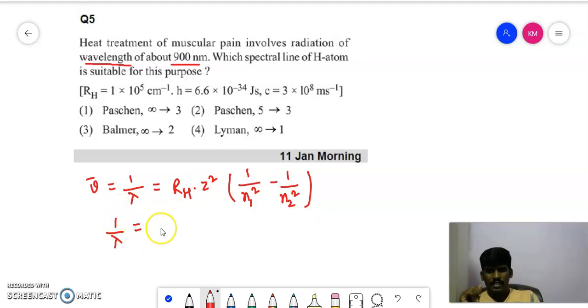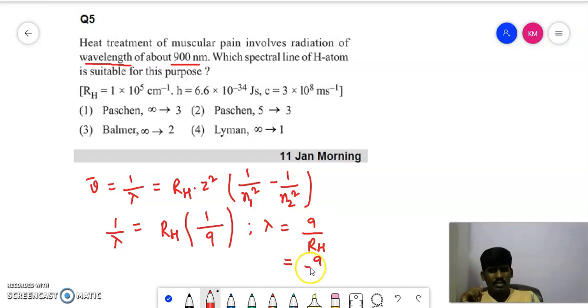First option I am considering now, that is 3 square, minus 1 by infinity square, which will be equal to 0. So lambda will be equal to 9 by RH. Rydberg's constant value I am taking as 1 into 10 to the power of 5.